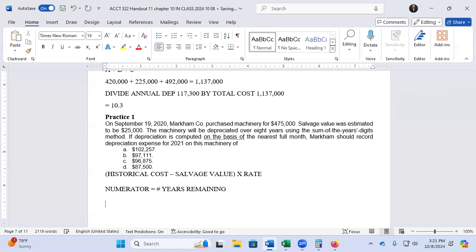And then the denominator equals the sum of years' digits. So what additional complication does this add? So that's not too terrible one. It's a little bit of one. But what are we looking for?